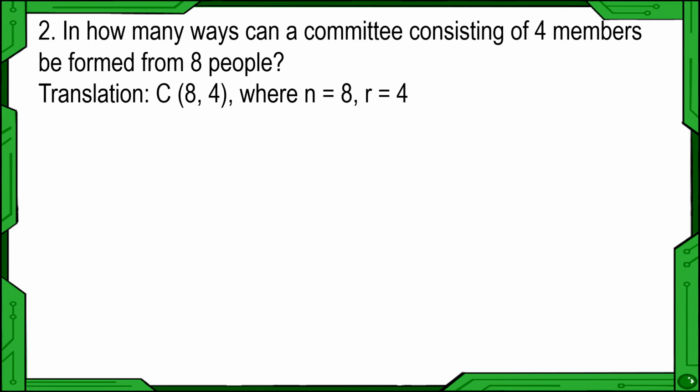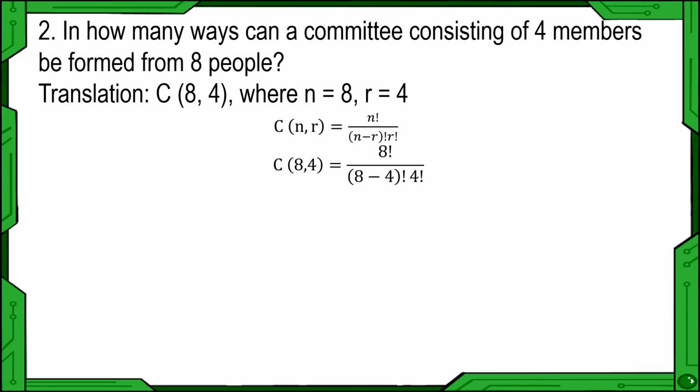Again, in combination and in permutation, the value of n is always bigger or larger than the value of r. So we can now have here the formula of combination: n factorial over n minus r factorial multiplied by r factorial.